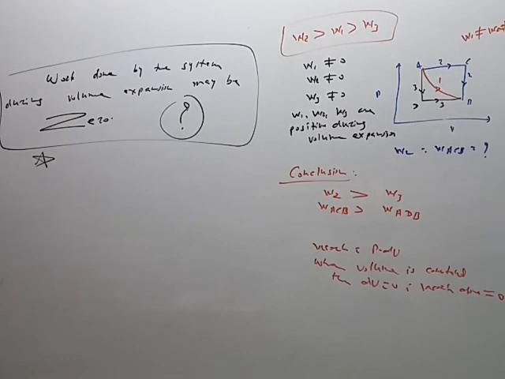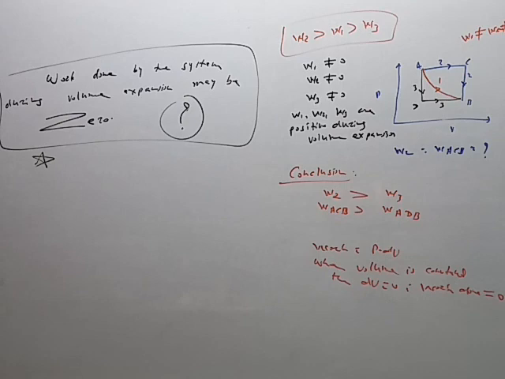So in this next case, there is a volume expansion, but no work done by the system. So what explains these cases? There are two types of volume expansion that we are going to consider: one is controlled volume expansion and the other is uncontrolled volume expansion.